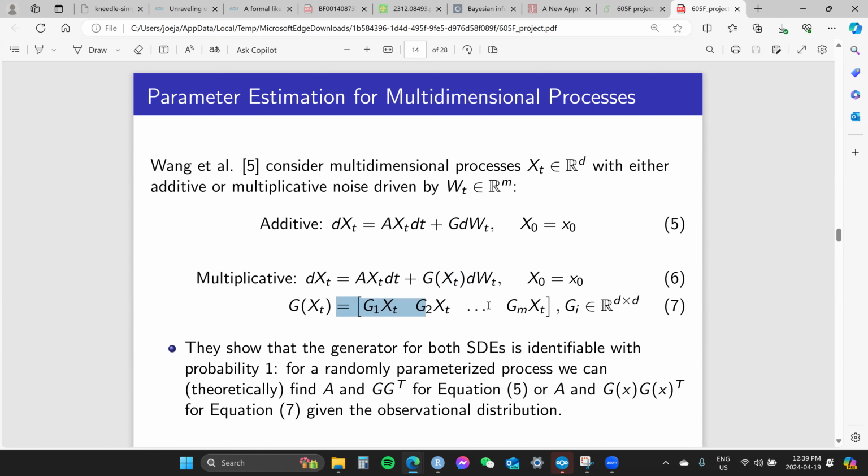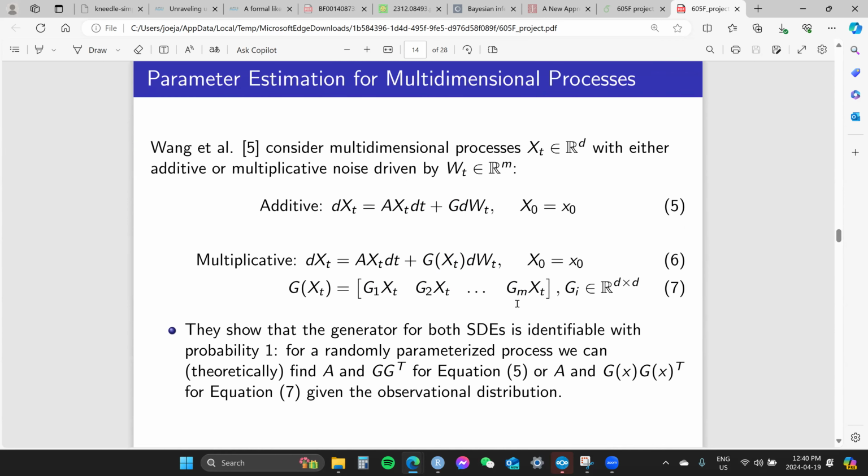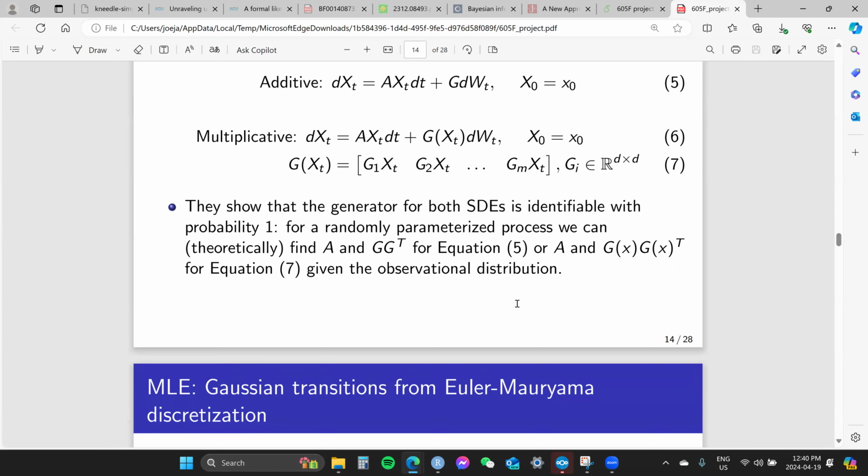So this can be represented as like a block matrix where each component of G is being multiplied by xt, and then it's being multiplied by the Brownian motion. So importantly, they show that the generator for both of these SDEs, the multiplicative and additive, is identifiable with probability 1. So basically, if you randomly set A and G, we can find A and G transpose for both equations, given the observational distribution.